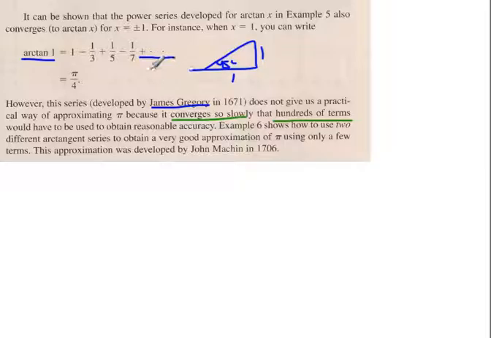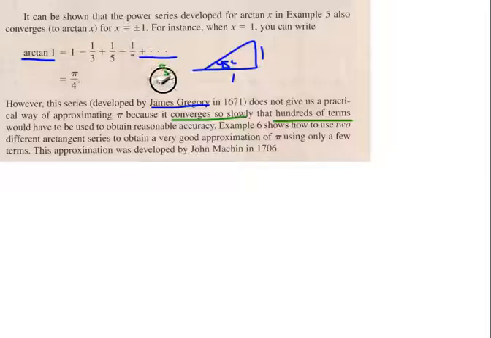So far, those first 4 terms are only 0.7238 about. Pi over 4 is 0.785, so that's really a rough approximation.